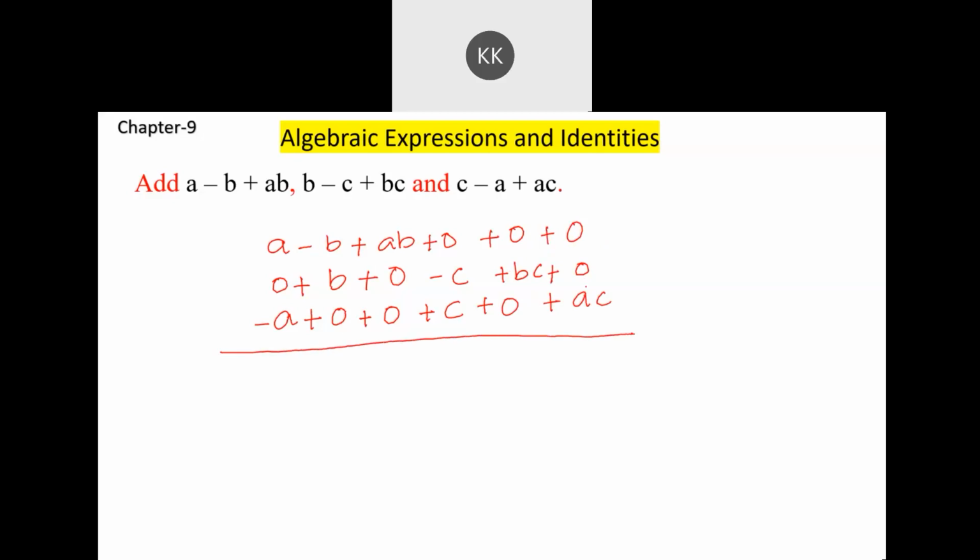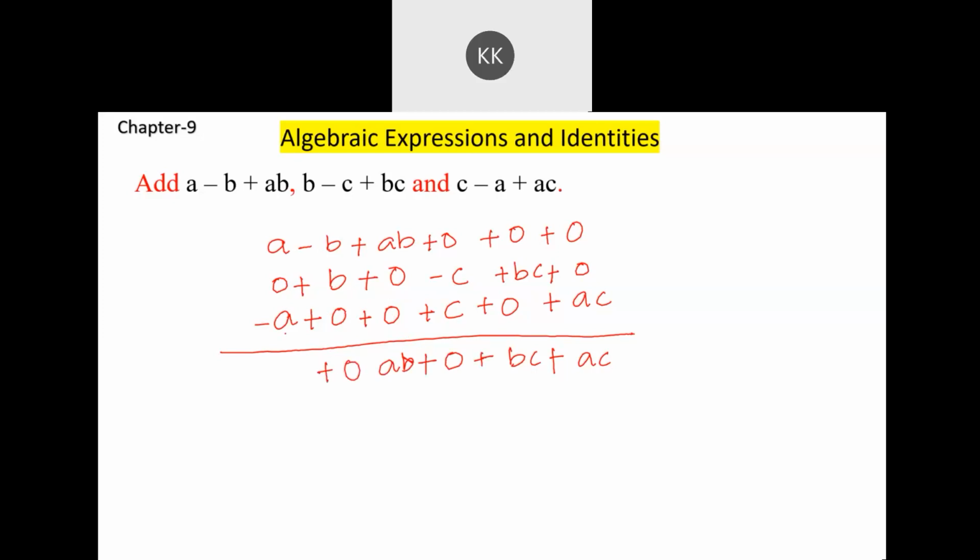How do we simplify this? 0 plus 0 plus ac is ac. 0 plus 0 plus bc is bc. This is minus c plus c. When minus c and plus c are added up, we are going to get 0 there. Plus ab plus 0 plus ab is ab. Minus b added to plus b is 0. Added to 0 will be 0.